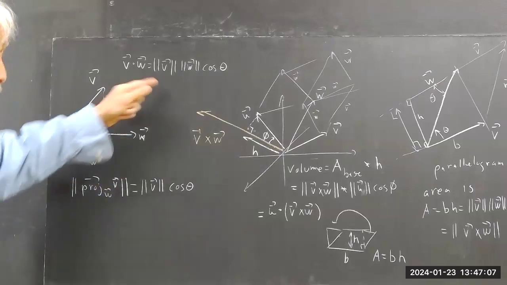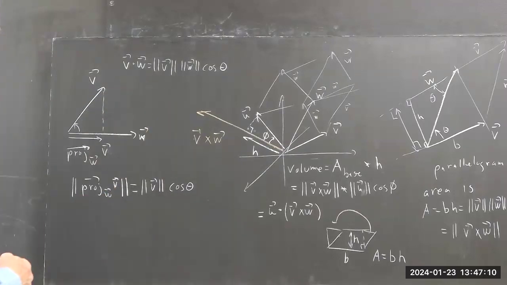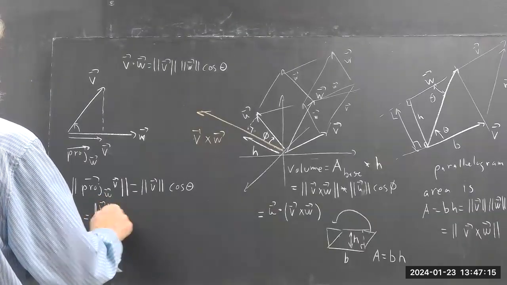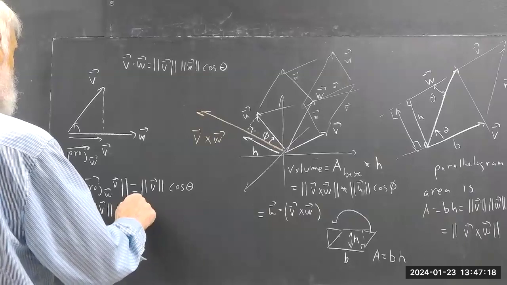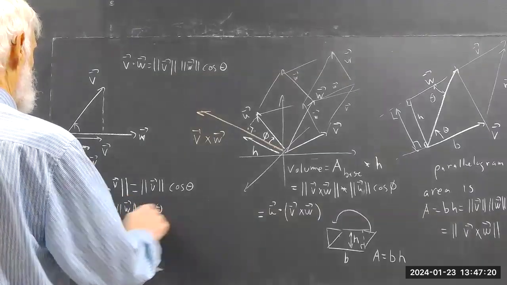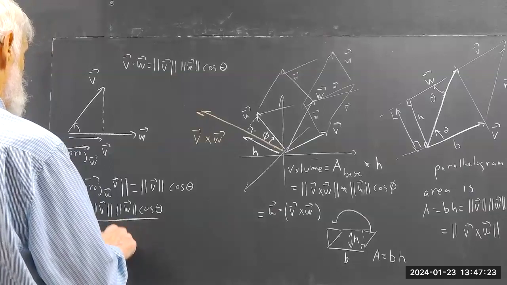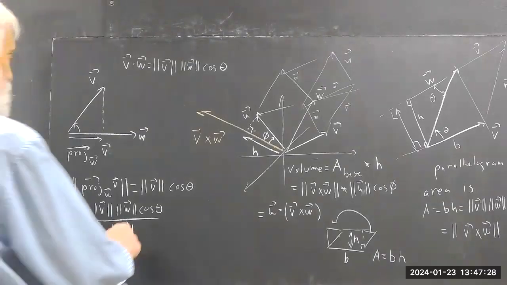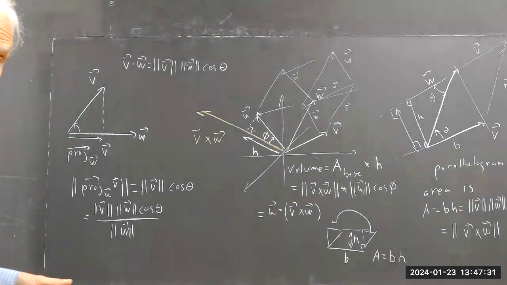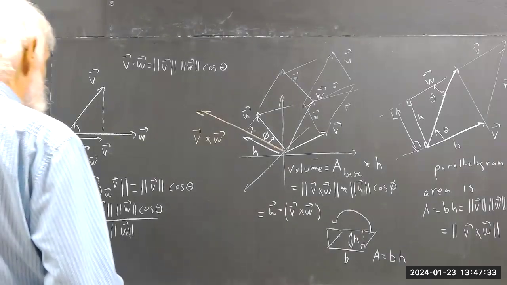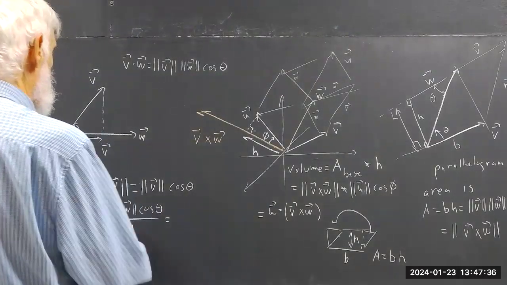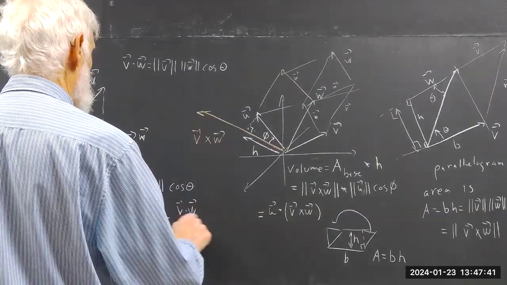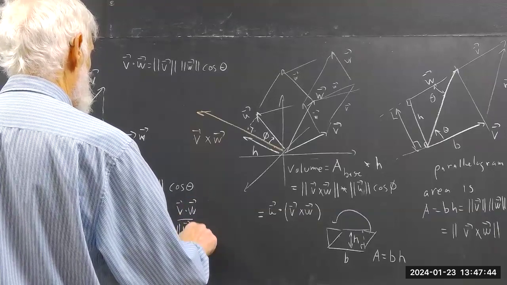You have to divide by the magnitude of V. I'll be explicit about this just because it's getting a little late in class. But of course, this numerator is just a dot product, so it's V dot W over the magnitude of W.